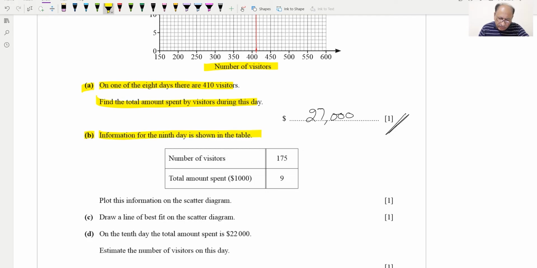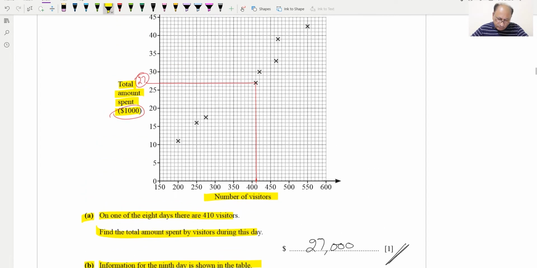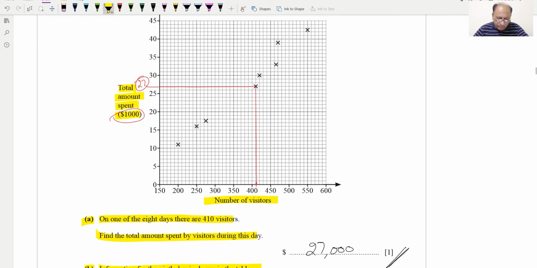Now for part B, information for the 9th day is shown in the table. Number of visitors is 175 and total spending is 9,000. So 175 will be in between 150 and 200, and 9,000 will be over here, so we can put a cross over here.